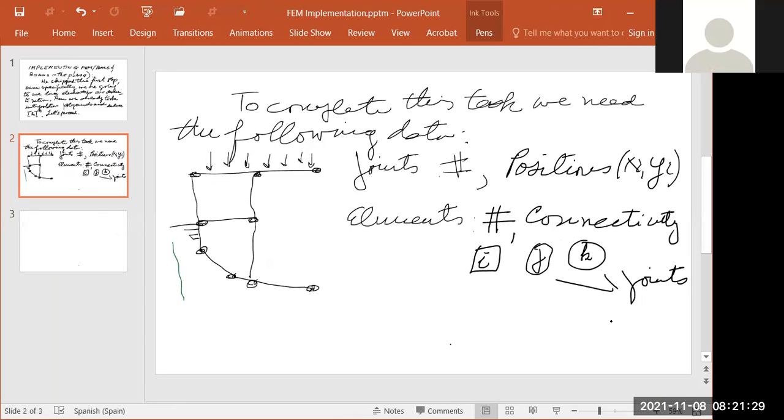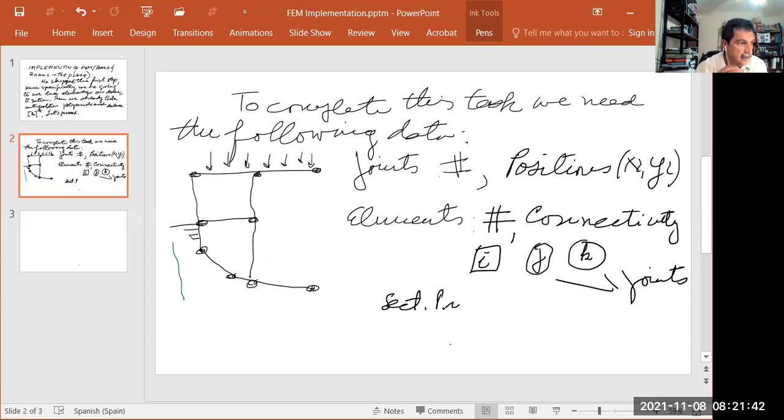Longitudinal area. Okay, so we need the sectional area. So we need, let's call it, sectional properties. So we need inertia, and that's for each one of these, and also the sectional area for each one of the elements.